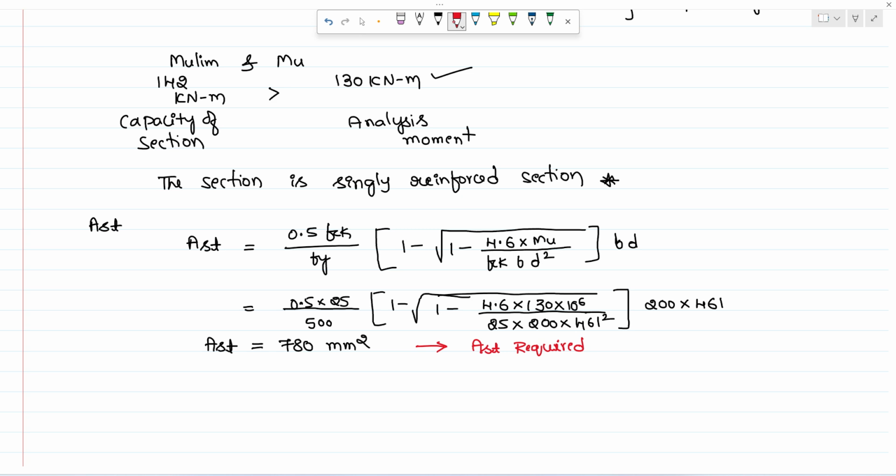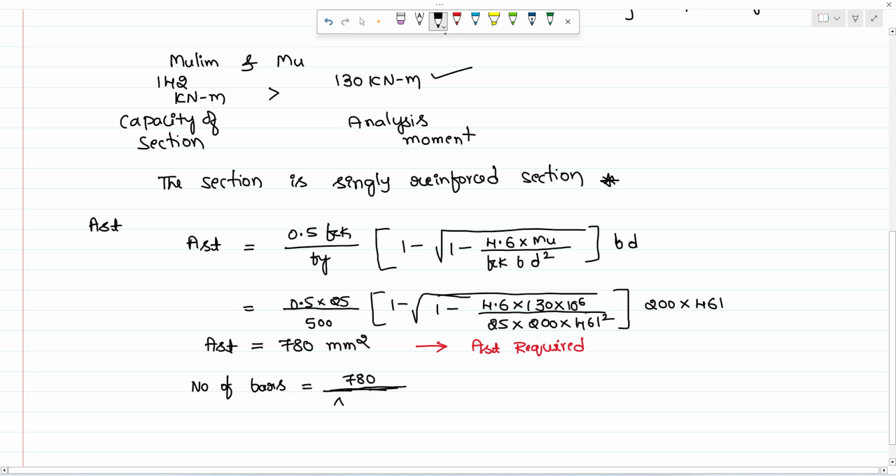Now I will convert this area of steel to number of bars. So number of bars equals 780 divided by the area of one bar. I will go with 12 mm dia bars. The area of a 12 mm dia bar is pi into 12 square divided by 4.